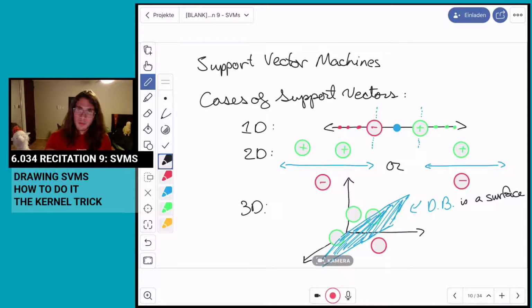But all the same principles apply. The gutter is a surface, and you're trying to maximize the margin. In greater than 3D, we're dealing with hyperplanes, but it's the same concept as well.